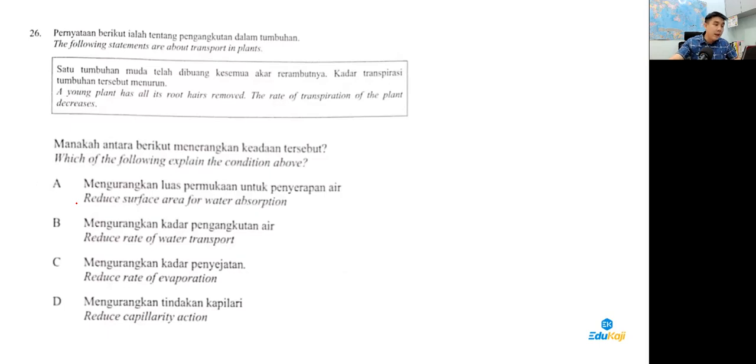Which of the following explains the condition above whereby the young plant transpiration rate decreases? Transpiration rate decrease is because there's less surface area for water absorption.